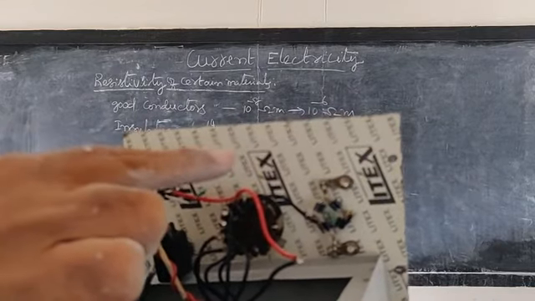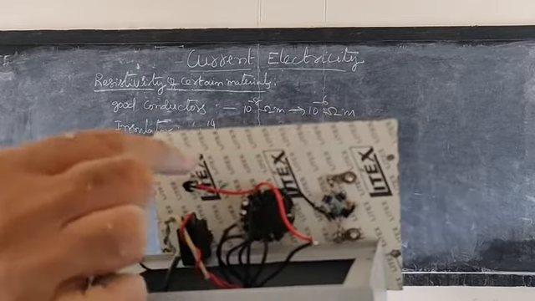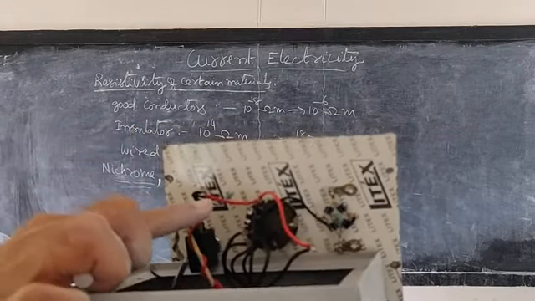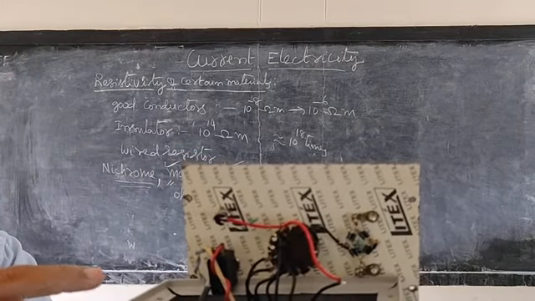You can see the colors on the next small carbon resistor also.